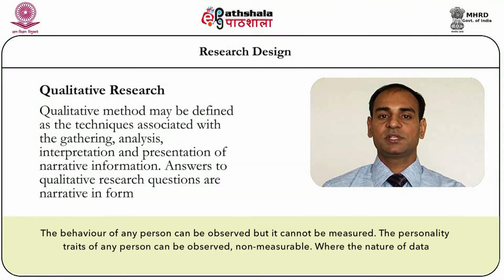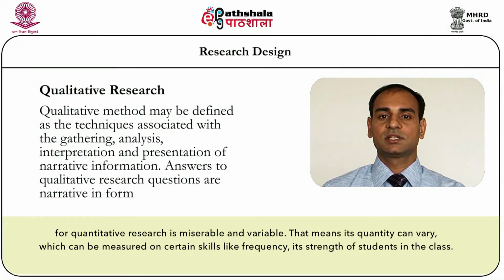The behavior of any person can be observed, but it cannot be measured. The personality traits of any person can be observed, non-measurable. Whereas the nature of data for quantitative research is measurable and variable. That means its quantity can vary, which can be measured on certain scales like frequency, strength of students in the class.